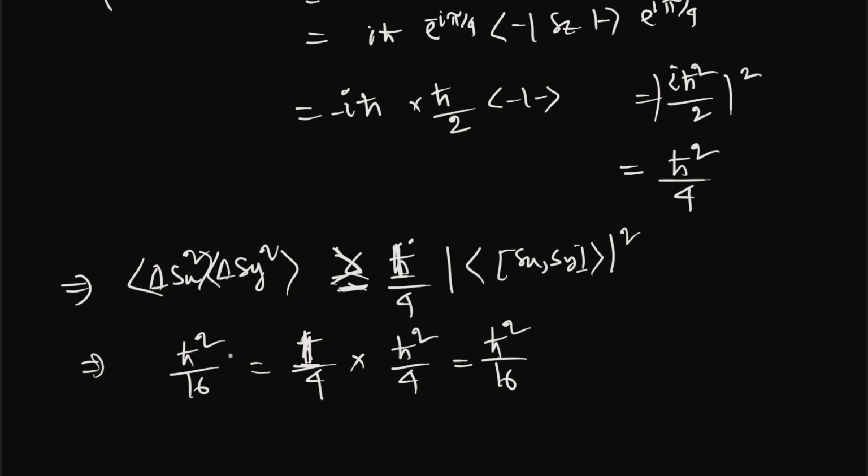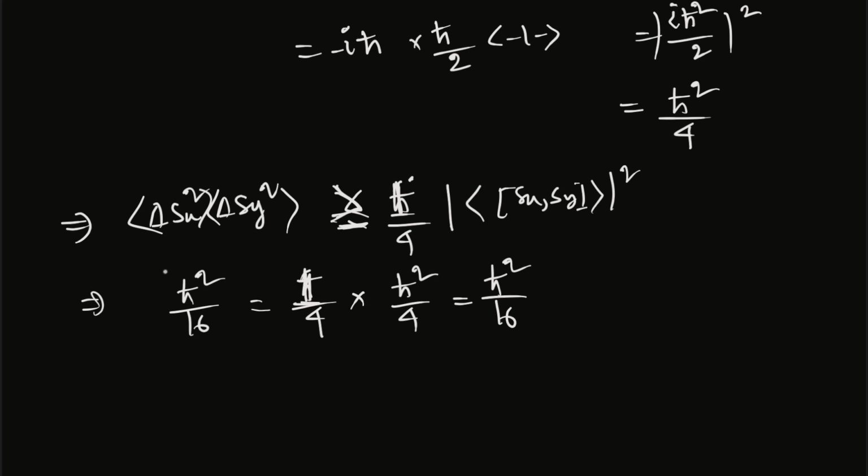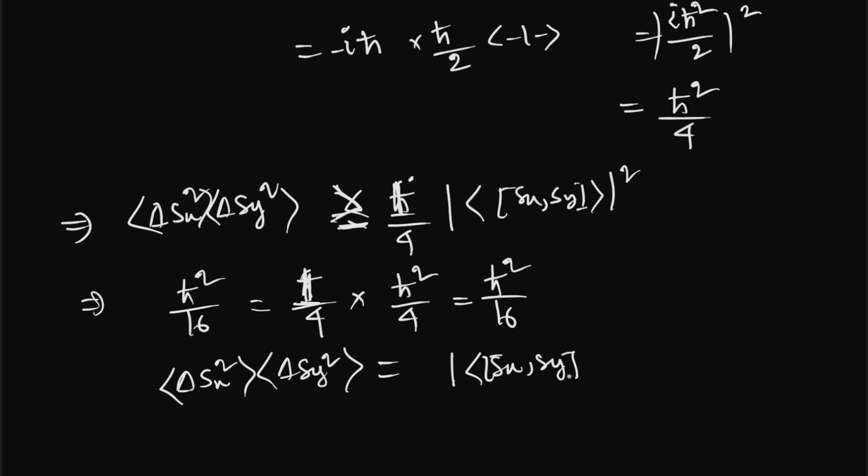That means here also the uncertainty relation is not violated. Actually in this state the uncertainty relation holds with equality sign. That means here delta sx square its expectation into delta sy square its expectation is equal to sx comma sy its square, which is equal to h cut square by 16.